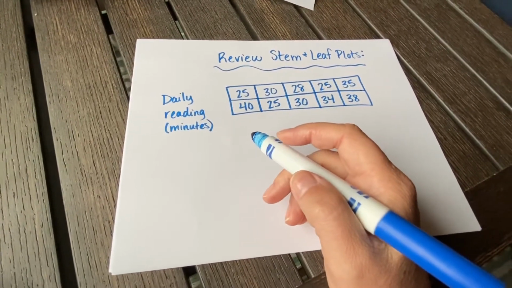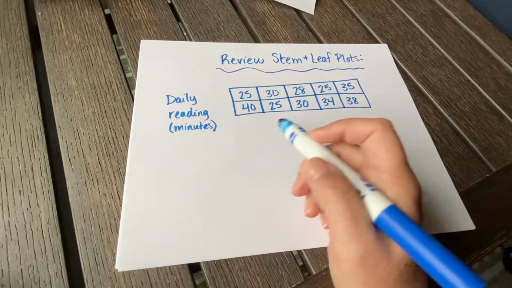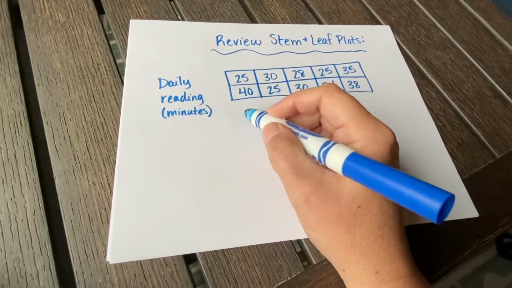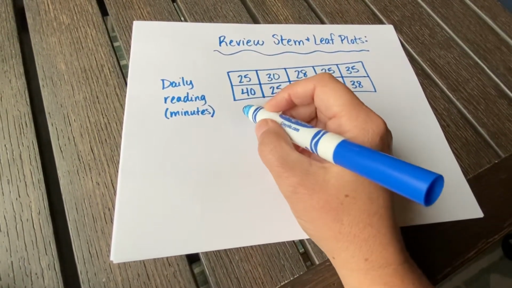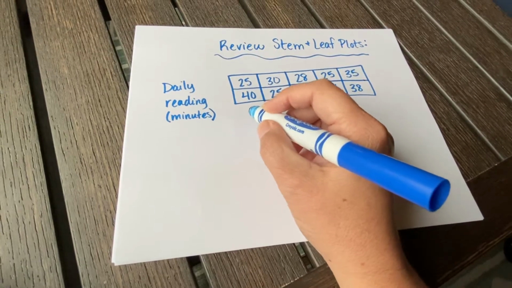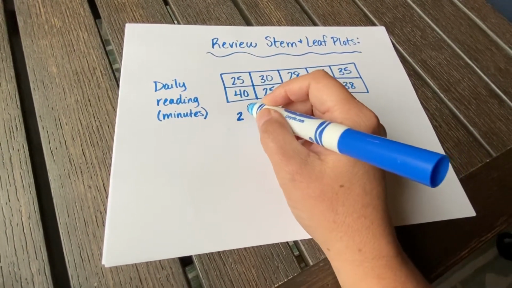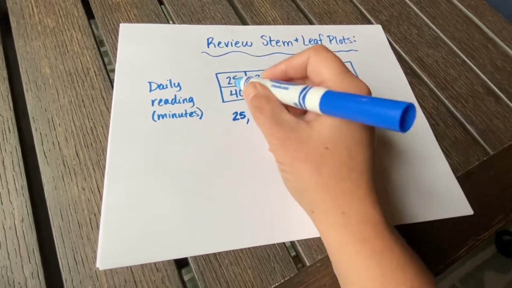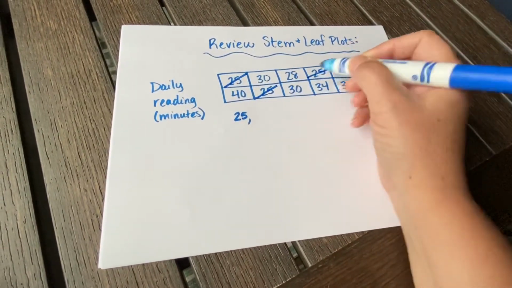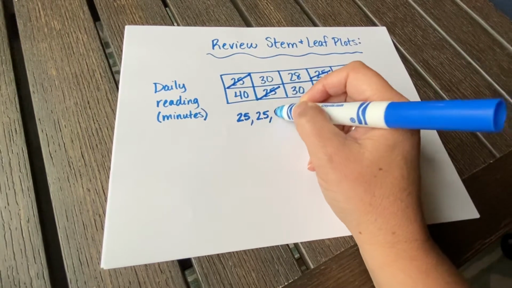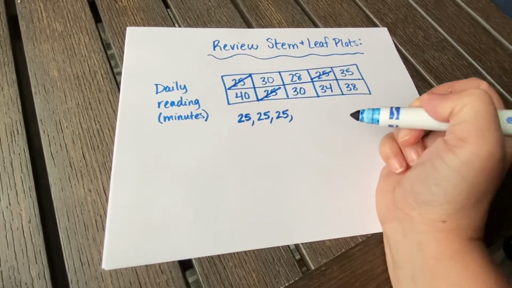Now we're going to look at this a slightly different way and make a stem and leaf plot. So just as a reminder, you still have the same data that we used the last time, and let's rewrite it in order from least to greatest, going slow and hoping not to miss any data this time, and use that to help us with our stem and leaf plot. Okay, so we have 25 is the least amount of minutes. That occurs 3 times, right?